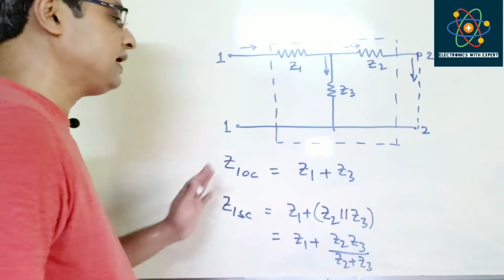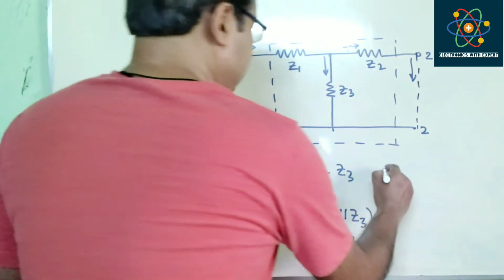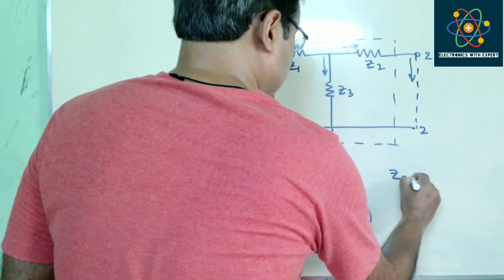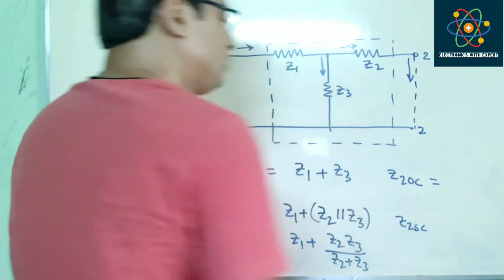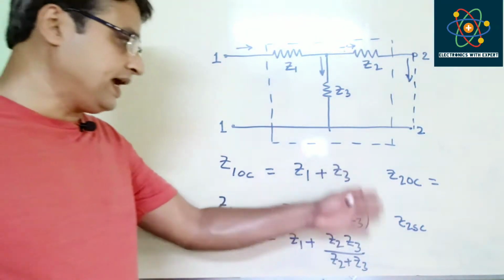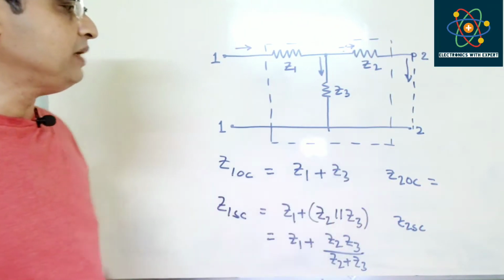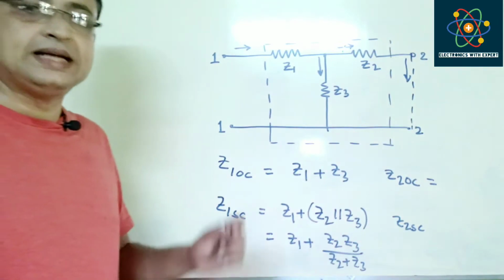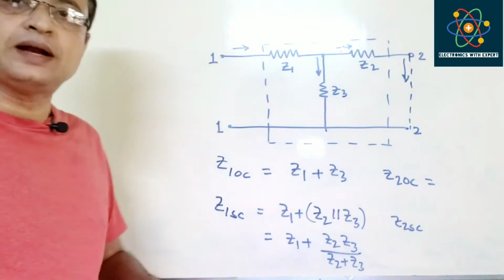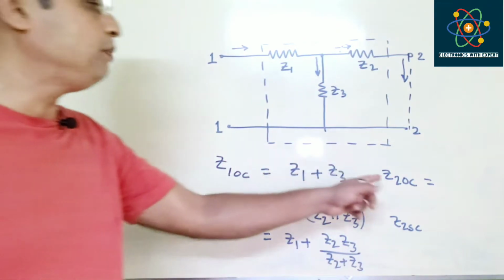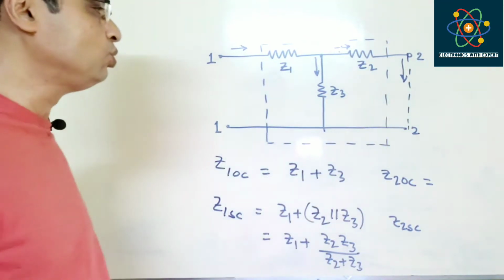Now let's find the other two, that is Z2 OC and Z2 SC. What is Z2 OC? Whenever we are going to measure Z2 OC, you have to open circuit the 1, 1 terminals while measuring the impedance across the 2, 2 terminals.